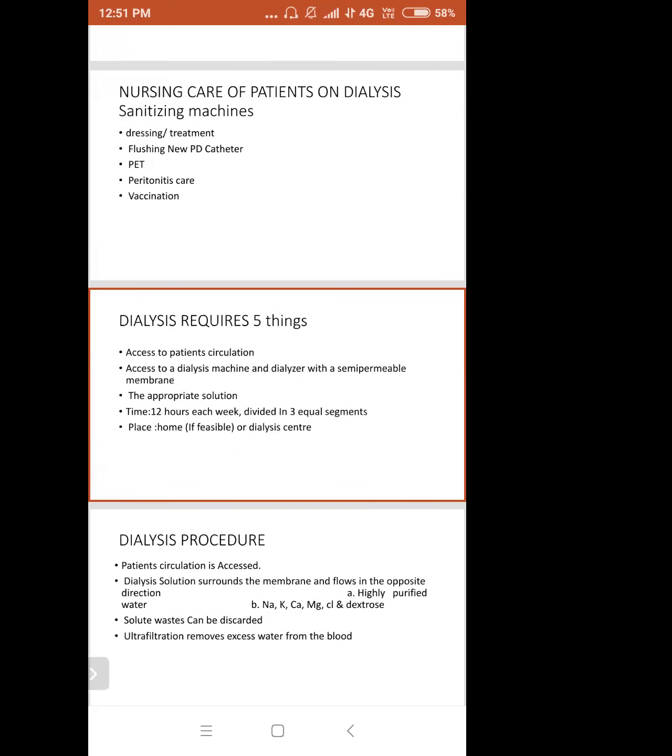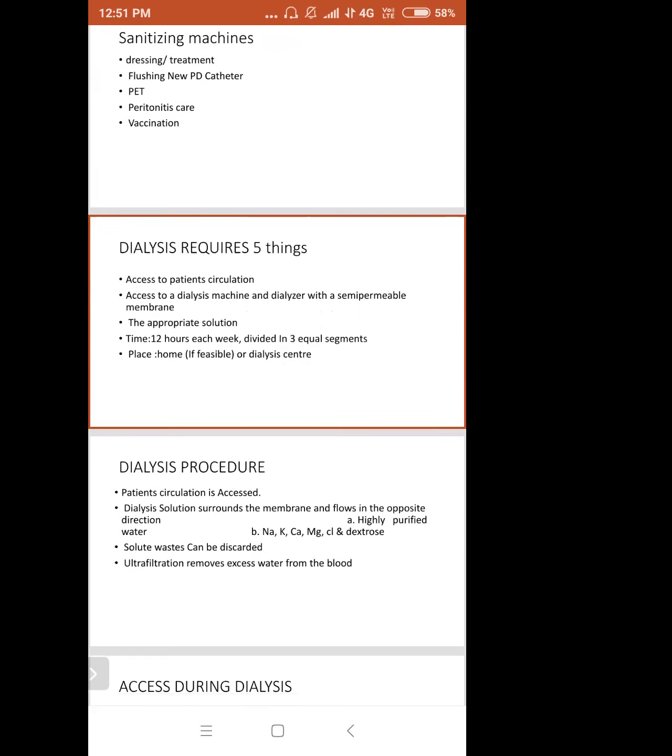Next is the appropriate solution. Time: 12 hours each week, divided into 3 equal segments. Place: home and dialysis center. Dialysis procedure: patient circulation is accessed. Dialysis solution surrounds the membrane and flows in the opposite direction.